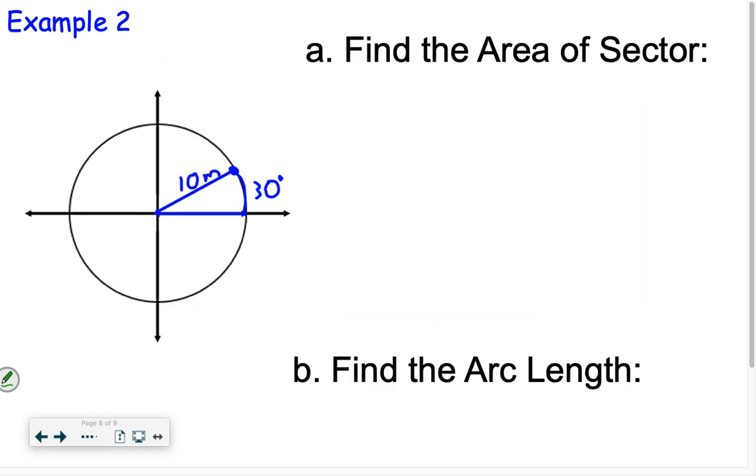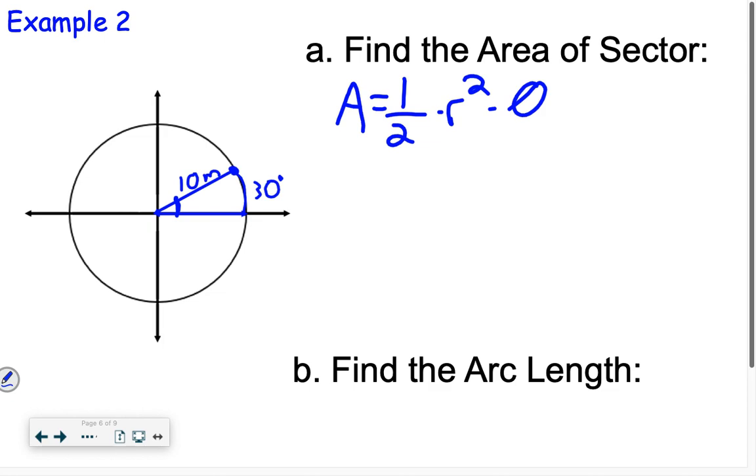So, let's go on to an example. We're first asked to find the area of the sector and then the arc length. All right, well, this 30 degrees they're telling you is the angle measure, and we know that the radius is 10 meters. Okay, so area of a sector is 1/2 times r squared times theta.